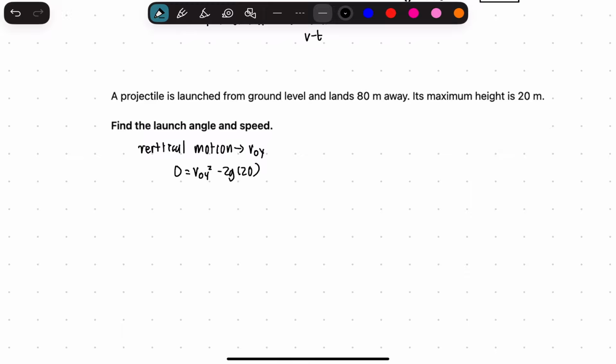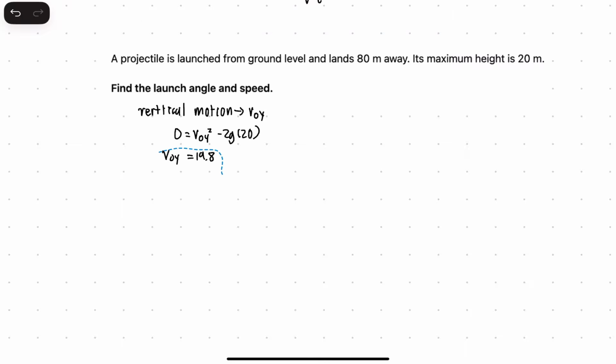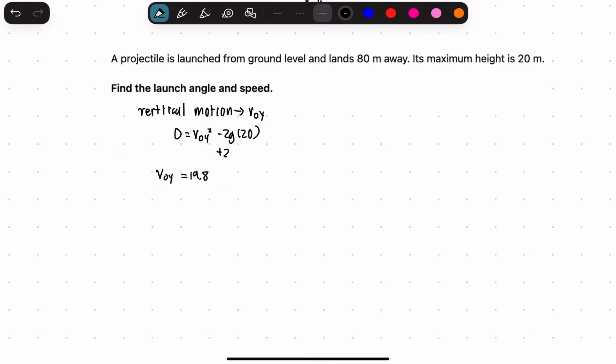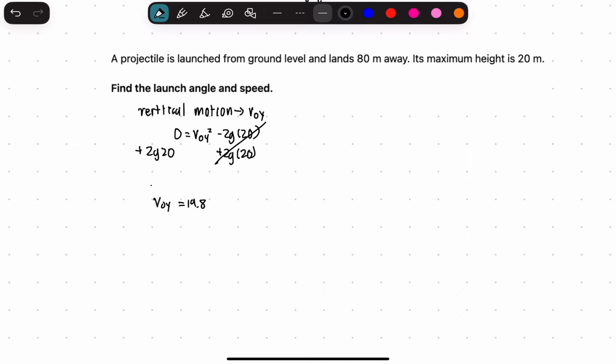Then you have 2g times 20 is equal to v initial y squared, and then you just take the root of both sides, and that's where you get 19.8.